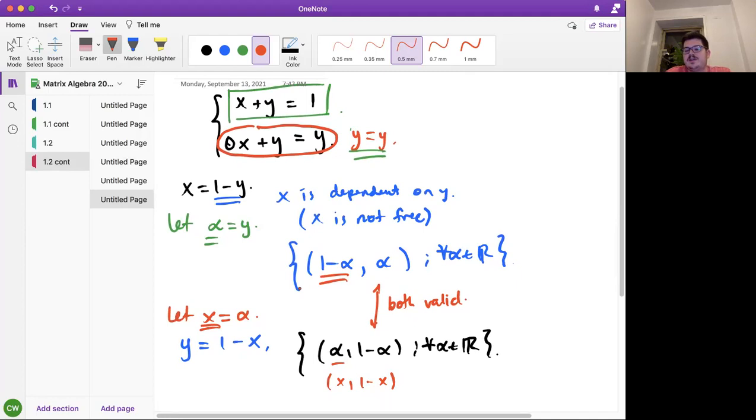So if you want to think about it as functions, in this case, you're treating x as a function of y. In this case, you're treating y as a function of x. So just different perspectives.